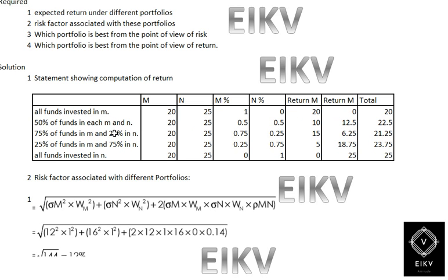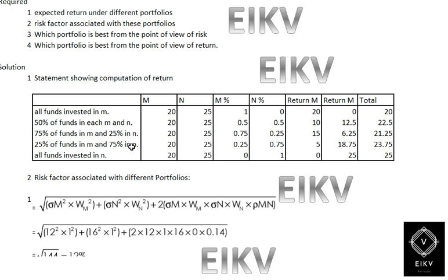Now the next one is 75% invested in M and 25% in N. The return is the same, 20 and 25, and the weights change to 0.75 and 0.25. So when we multiply the return with the proportion of M and of N, it would be 15 and 6.25, and when we take the total, it would be 21.25.